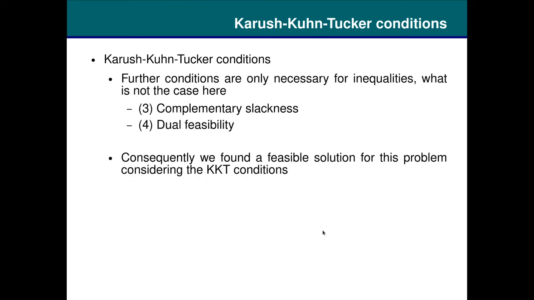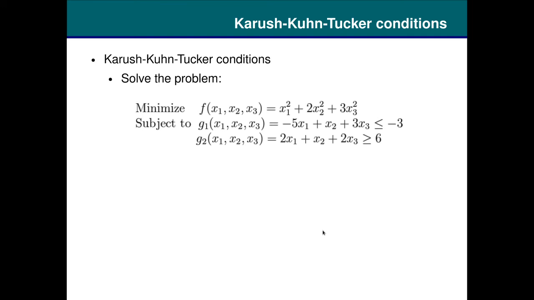Okay? I'm going to go for a different problem now, guys. Try to solve this problem. This is a completely different problem. And now we've got two inequalities. But this is not in the standard form. Take a look here. I need to rewrite this constraint to be in greater or equal form.